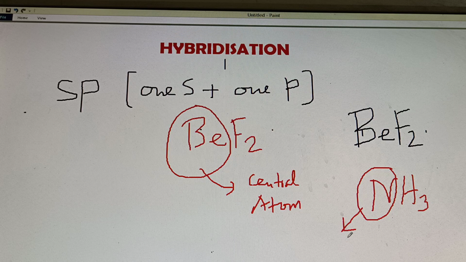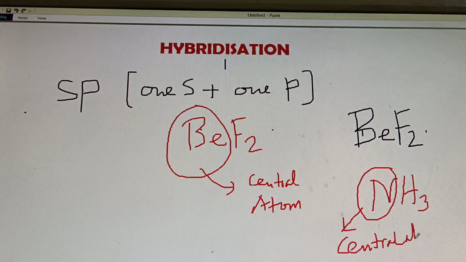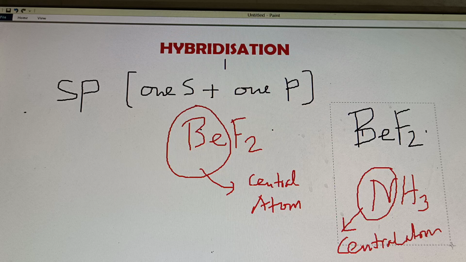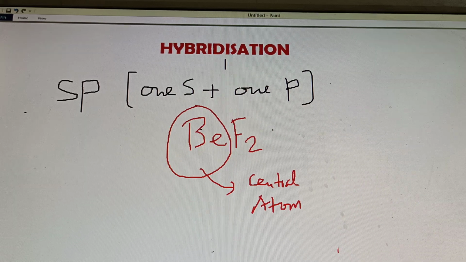So in this case nitrogen is the central atom.